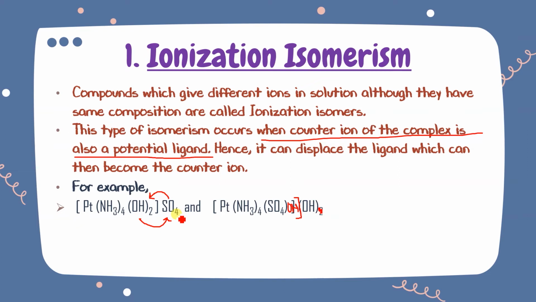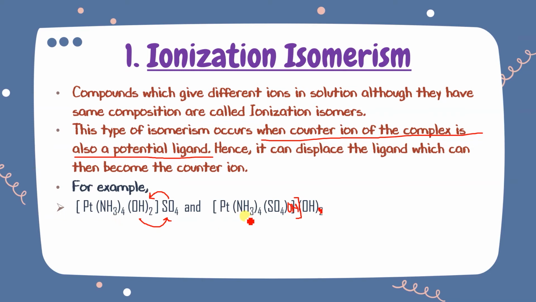Yes, it is clear. Another thing I have told you is that the coordination number should not be changed. So what is the coordination number over here? This is 4 to 6. What will we do? One SO4 is going to come inside. If you bring only one SO4 inside and both OH go outside, then what is the coordination number? 4 and 1, this is 5, isn't it?